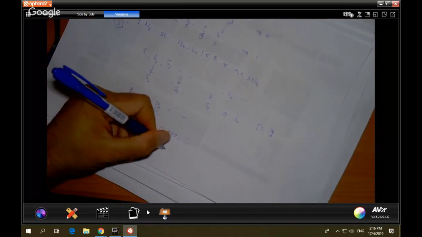If you have an irrational number, suppose you have something like 1 over square root 2, which is 0.707..., how do you approach this? Well, you take 0.7, then 0.70, then 0.707, and so on.